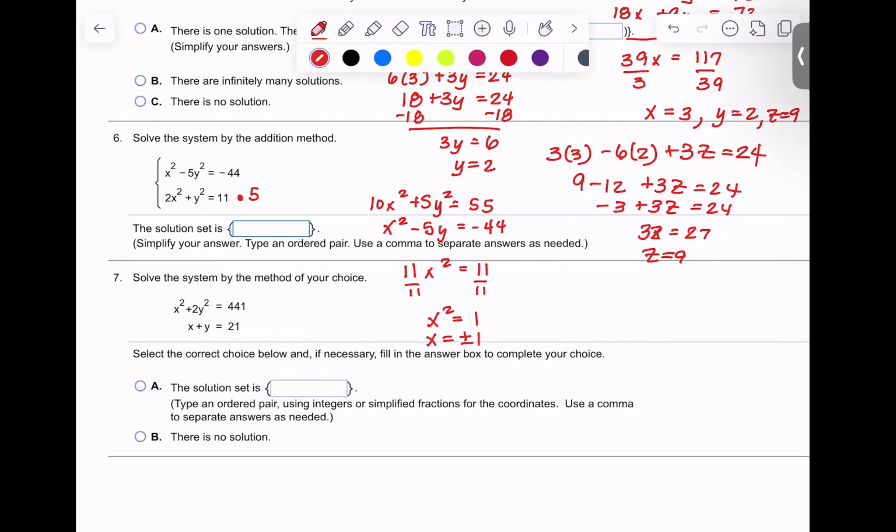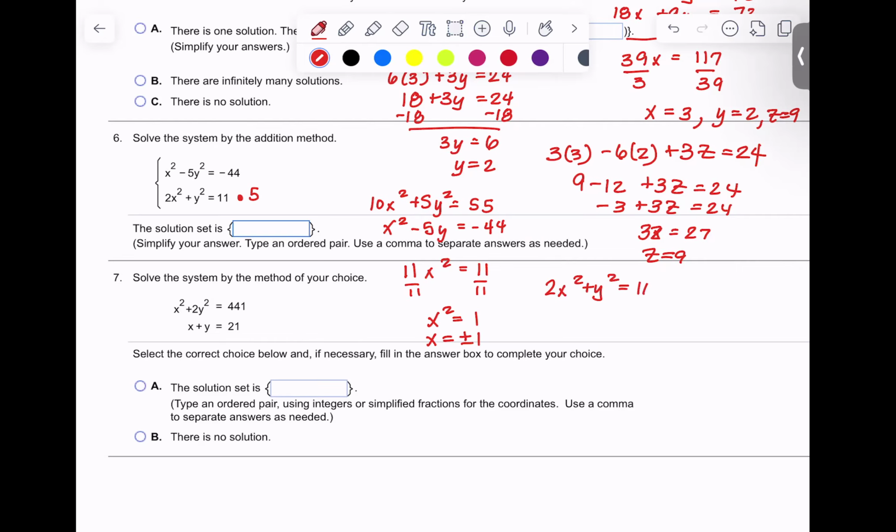So now we're going to back substitute to find y. I'm going to substitute 1 in, find y, and then substituting negative 1 in is going to give me the exact same two y's. So I'm just going to plug in x is equal to 1, in that second equation, because that just looks way easier to solve for y. So I have 2x squared plus y squared is equal to 11.